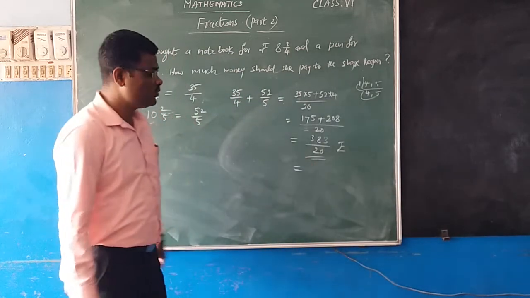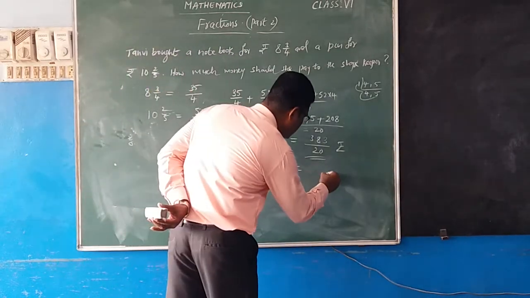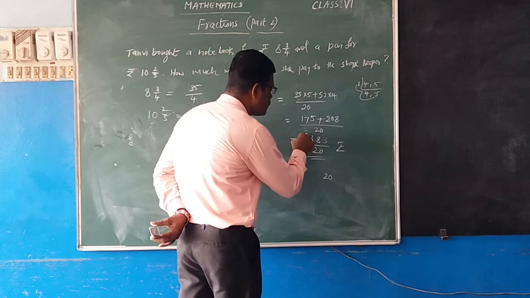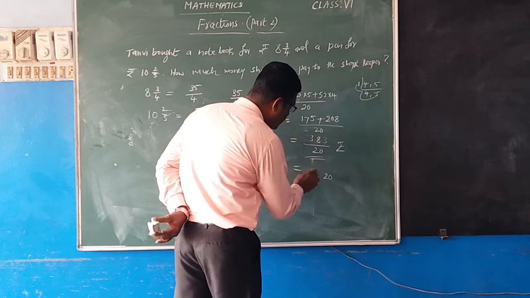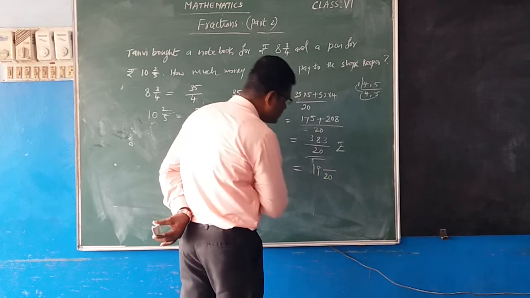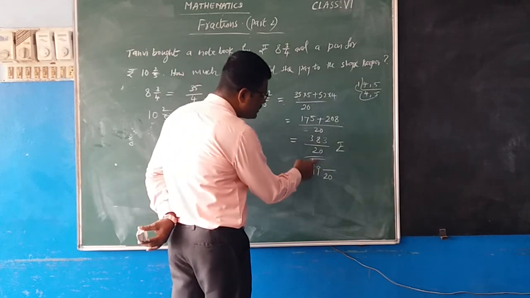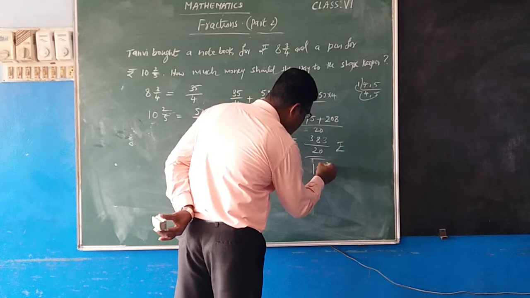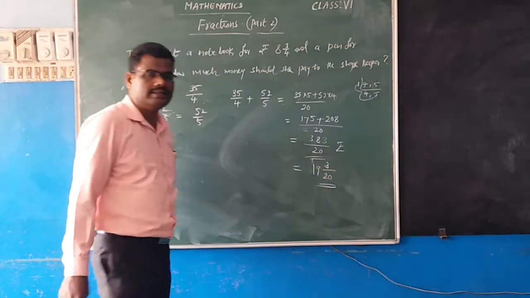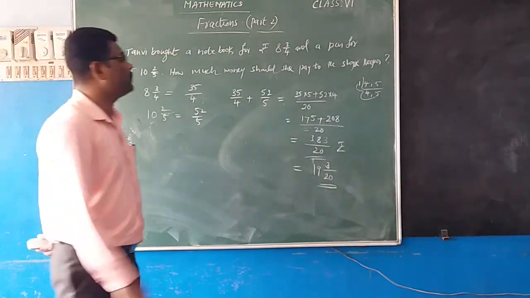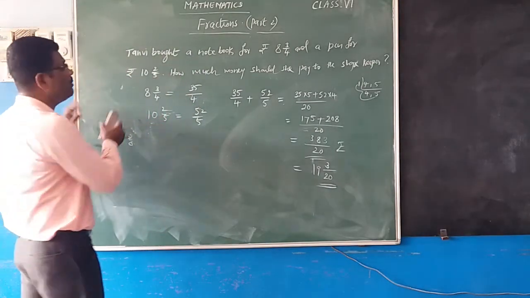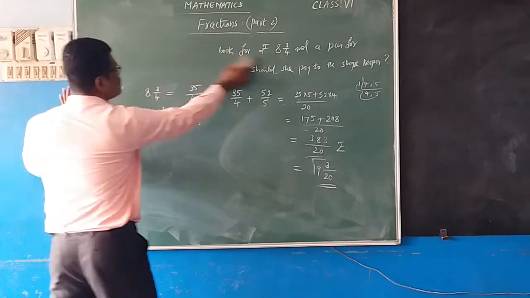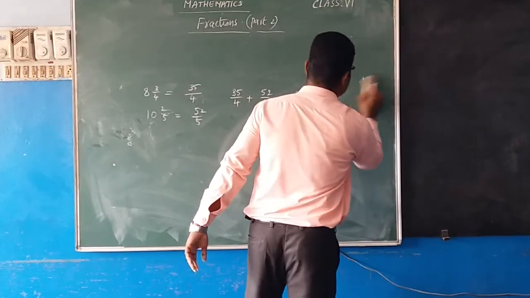So we can convert it: 20 19s are 380 plus 13, that is the amount. This much amount she should pay to the shopkeeper. This is related to addition of unlike fractions. Let's see the last one.